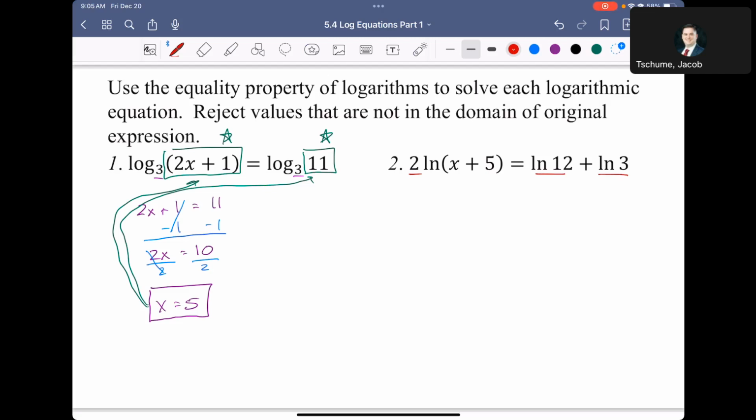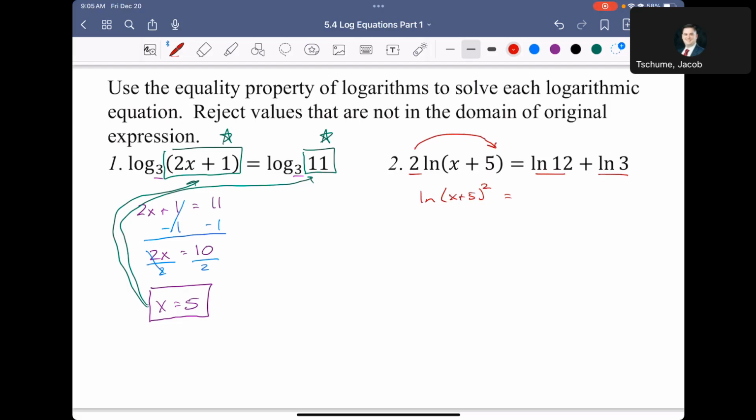Well, if you remember, we learned properties of logarithms in section 5.3 of how to simplify these. We talked about that if you have a number in the front, you can bring that inside the logarithm and make it the exponent. So this would be the natural log of x plus 5 squared.